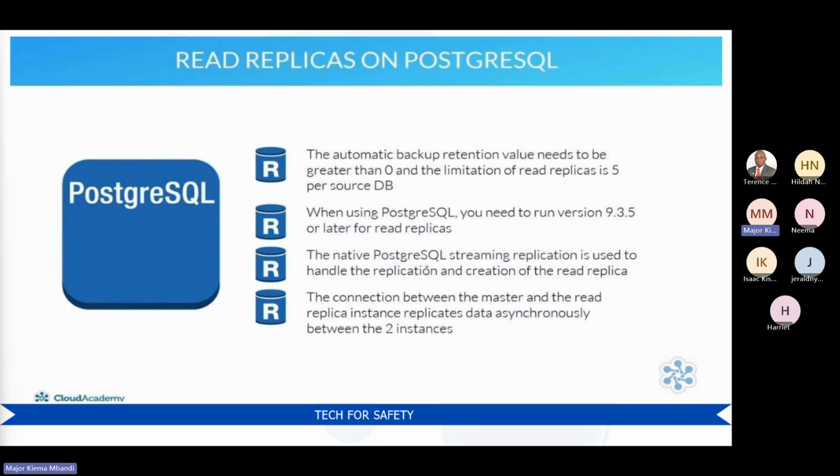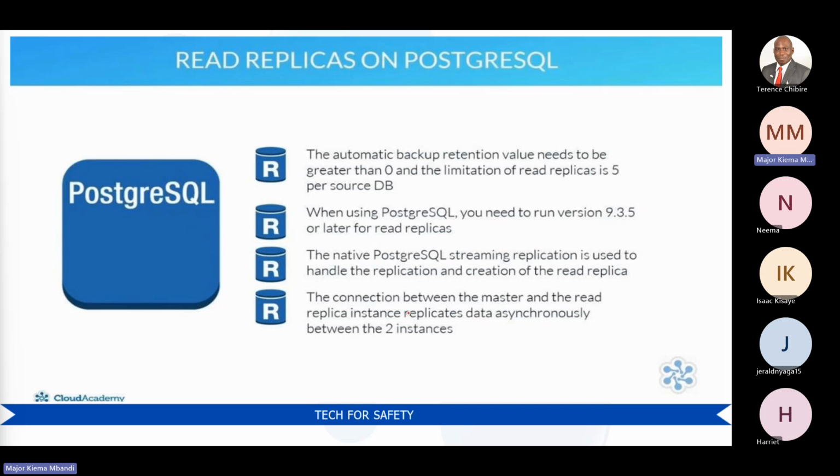The native PostgreSQL streaming replication is used to handle replication and creation of the read replicas. The connection between the master and the read replica instance is replicated asynchronously between the two instances. So multi-AZ deployment synchronizes data synchronously, while for read replicas, for all database engines, data is copied asynchronously. It's good to note the difference.